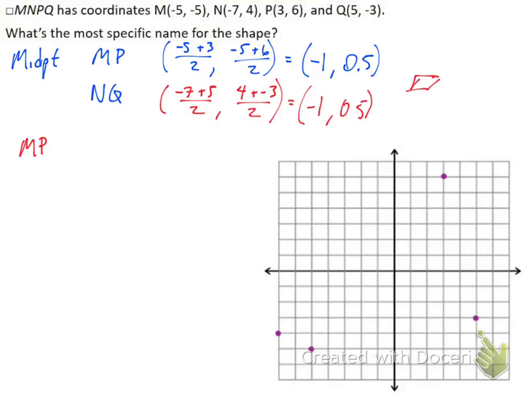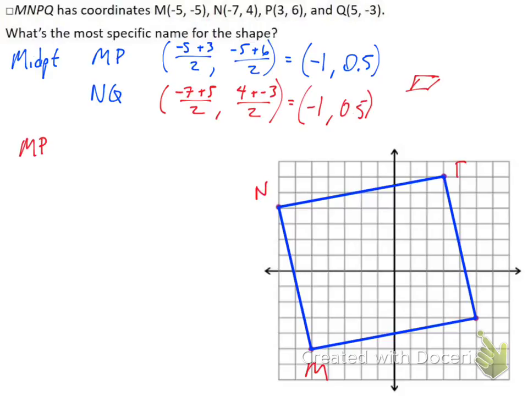I did not plot one of those points right. It's supposed to be negative 7, positive 4. Negative 7, 1, 2, 3, 4. There we go. Sorry about that. And so there's my shape. Let's name them. I got M, N, P, and Q.